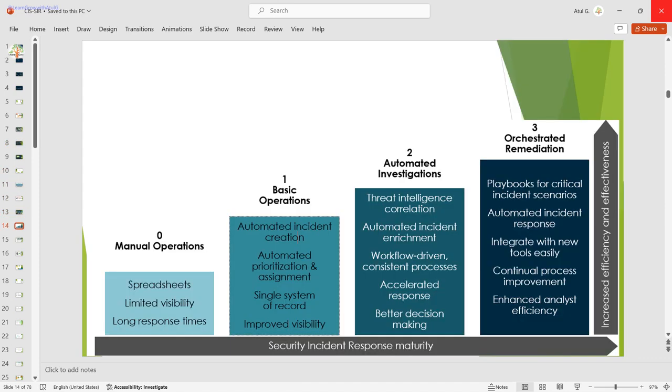This is called the security incident response maturity level. If you remember in the CSDM videos, ServiceNow says that implementation of CSDM is not a one or two day task. It requires a complete life cycle, so they divided the implementation into phases: crawling, walking, running, and then flying.